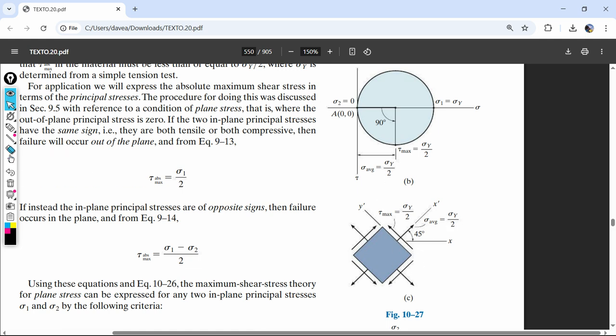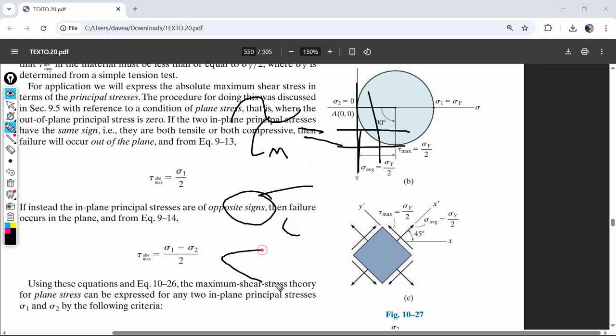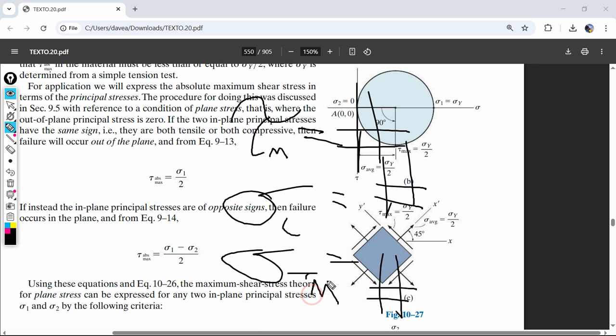And again, don't lose sight of the general idea that when we shear something in pure shear, there is going to be a max number for steel. When we compress something, and when we tension something, we're going to get max stresses. So those are going to have a number, and these are going to be max.